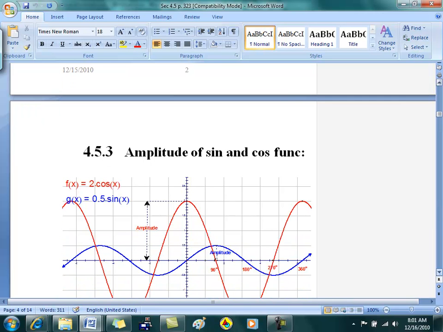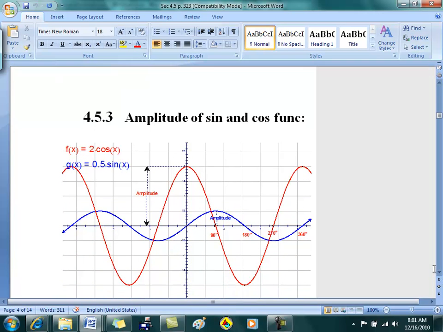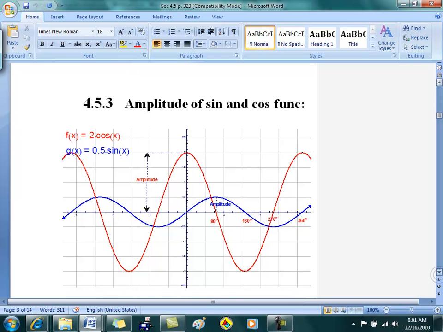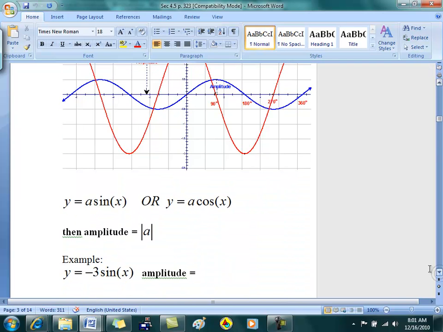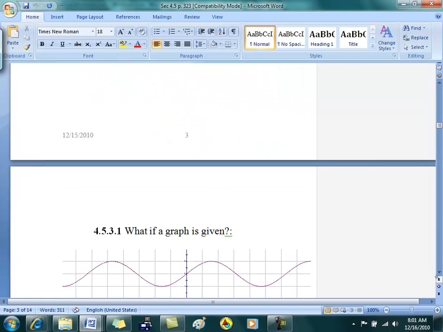Whether it's the sine graph or the cosine graph, if I look at just the blue sine graph, you can see that it's going around the x-axis, above and below it. In that case, the amplitude is really easy to see. What happens if the graph is not like that, like in this example here?